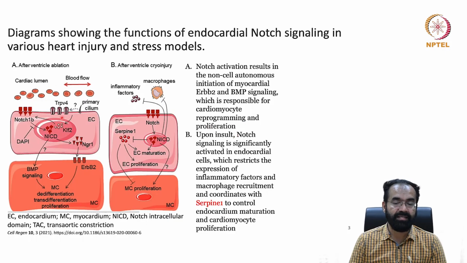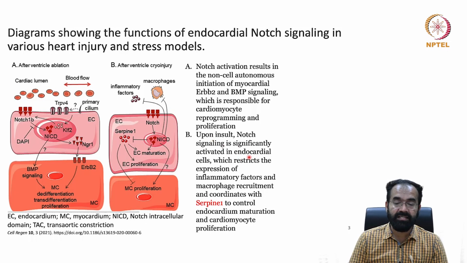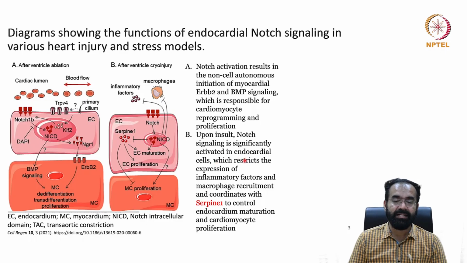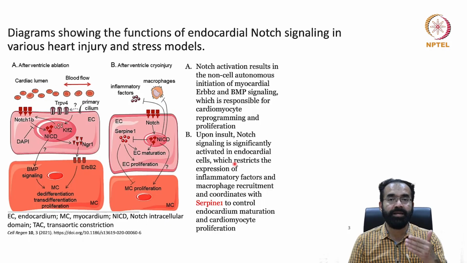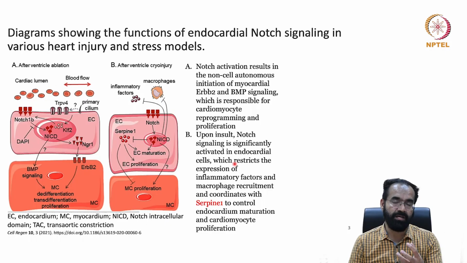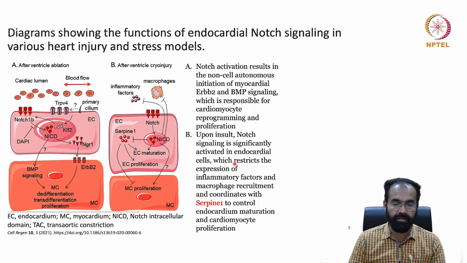So as you can see here, upon insult in panel B, notch signaling is significantly activated in the endocardial cells. The endocardium is the wall of the heart muscle which is facing the blood, that is, the lumen of the heart. Then comes the myocardium, then the epicardium, and above the epicardium the layer is the pericardium.